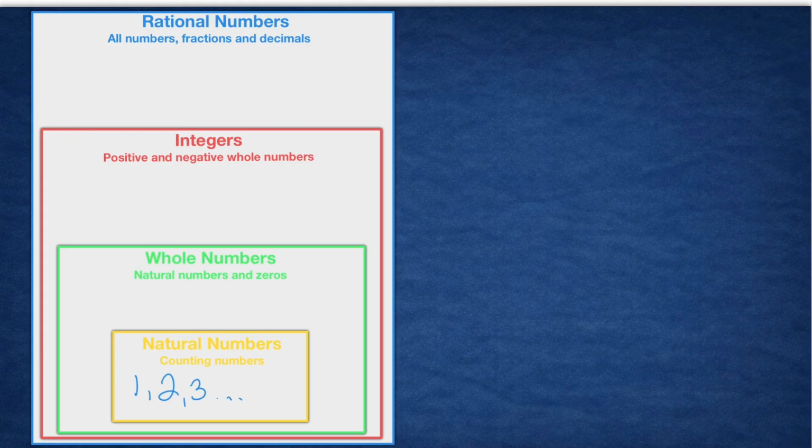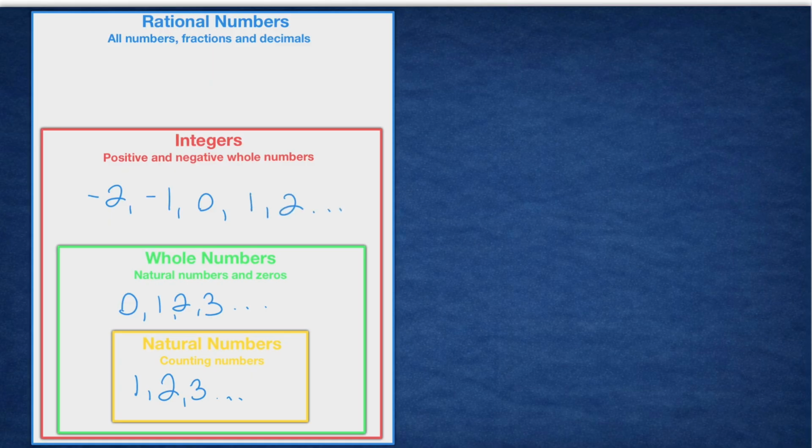Our whole numbers, these are going to be our natural numbers and 0. So these numbers will include 0, 1, 2, 3, and so on. Our integers, these are our positive and negative whole numbers. So these have -2, -1, 0, 1, 2, and so on.